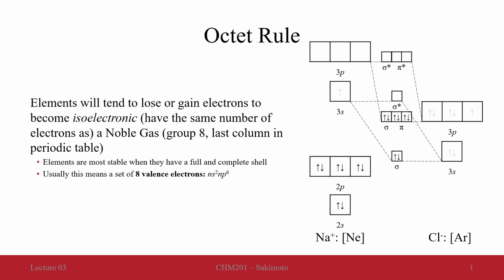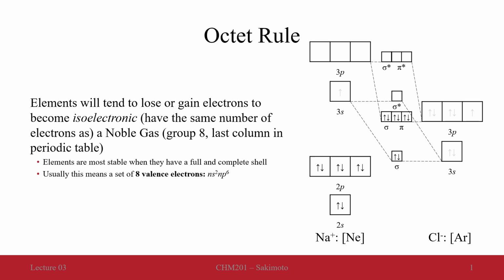Most elements, through a means of either sharing electrons through a covalent bond or transferring electrons through an ionic bond, either gaining or losing, are trying to complete a full shell, a full set of 8, a full set of the 2 shell, full set of the 3 shell. The one exception being things like hydrogen, or things found in the first level.